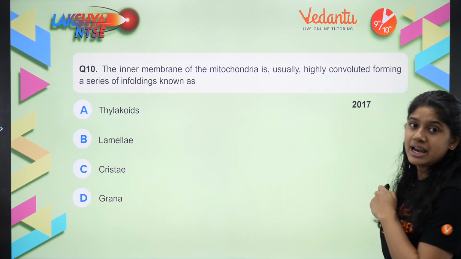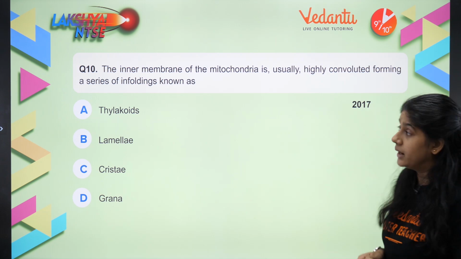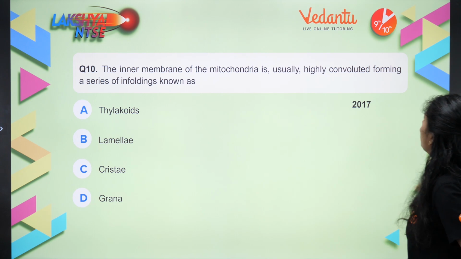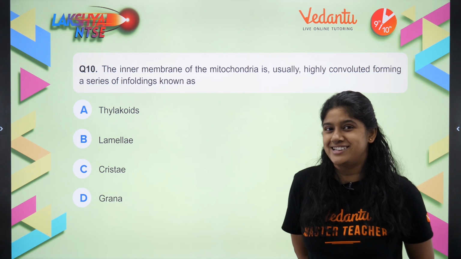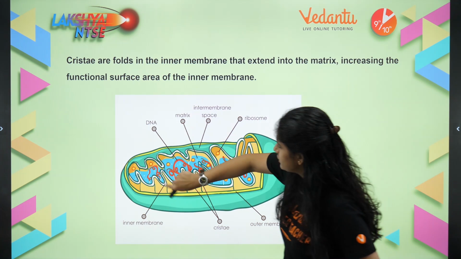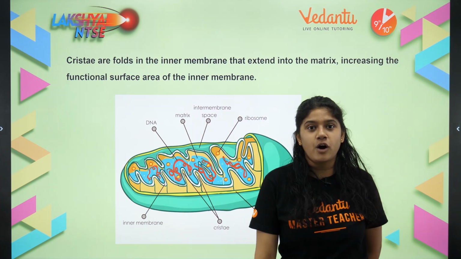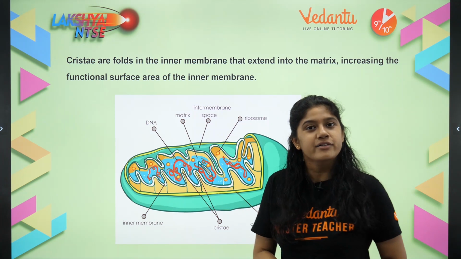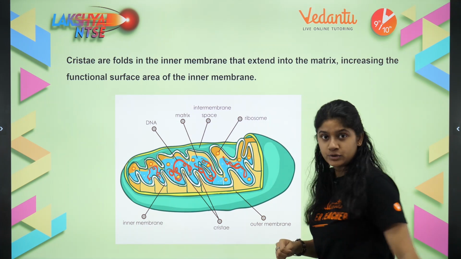Last question, everyone. The inner membrane of the mitochondria is usually highly convoluted, forming a series of infoldings known as? It's interesting. Let's see. These are the lots of folds that we are talking about. And yes, you are completely right, these folds are called cristae.